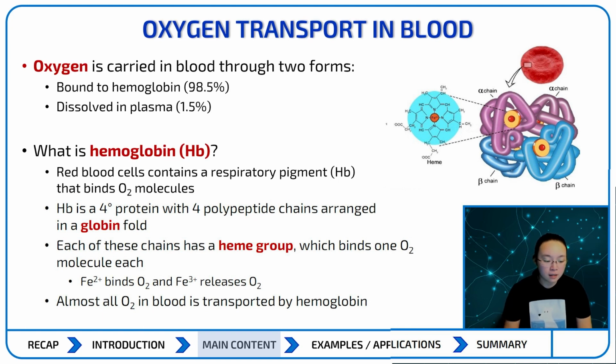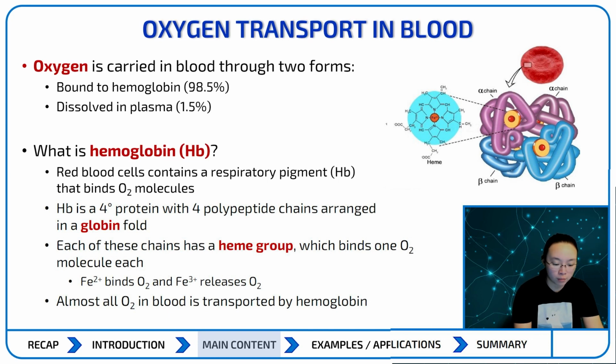Hemoglobin, or HB: first of all, we need to understand that a red blood cell is made up of a respiratory pigment called hemoglobin that is capable of binding to oxygen. Hemoglobin here is a tertiary protein.